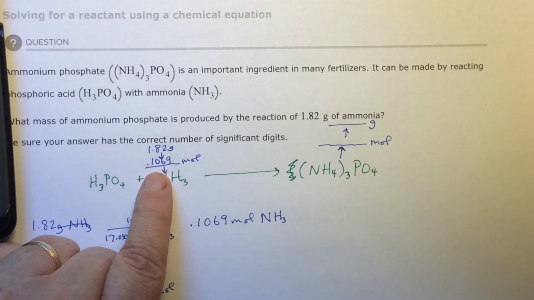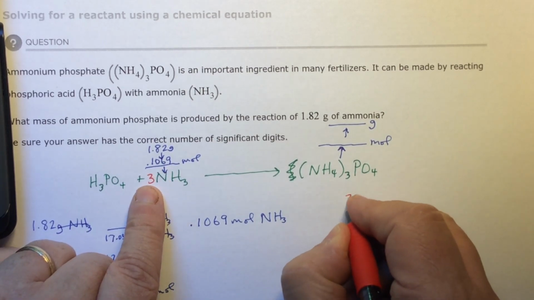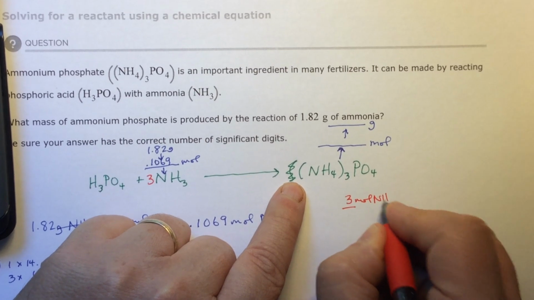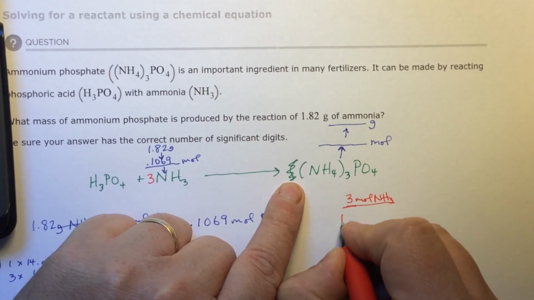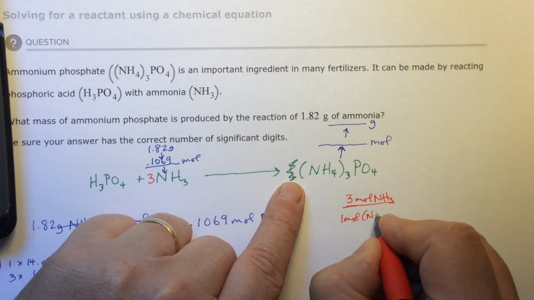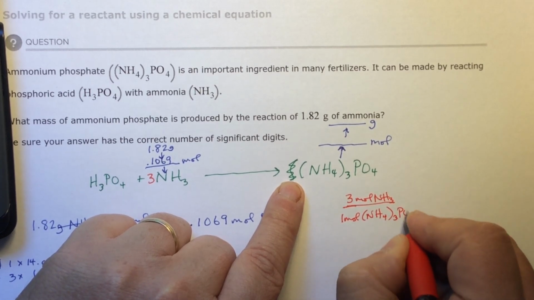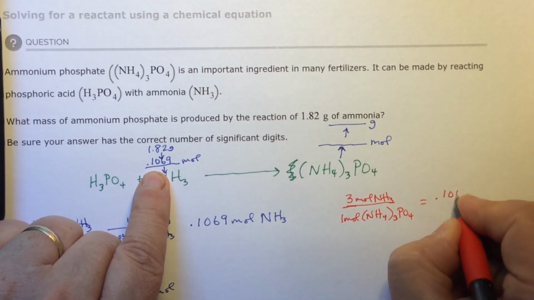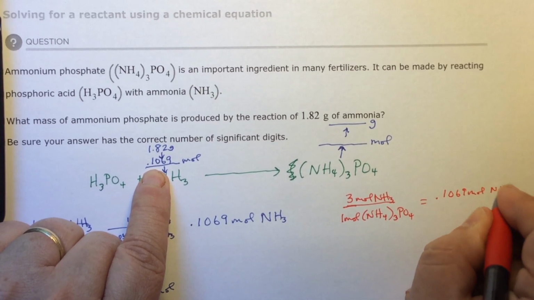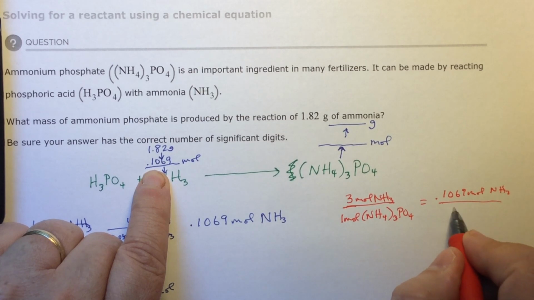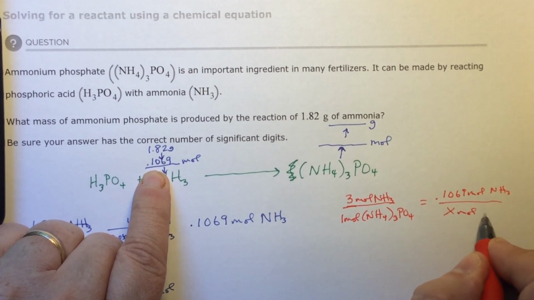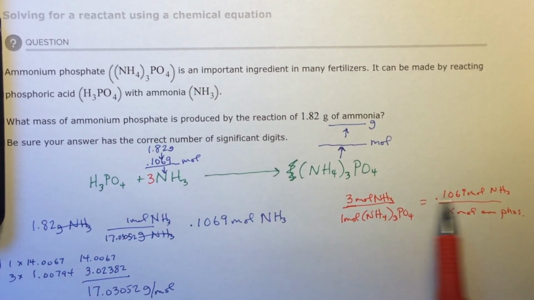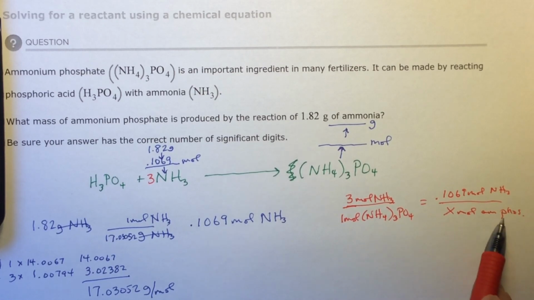So I'm going to come over here and I'm going to say 3 moles of ammonia is to 1 mole of ammonium phosphate as 0.1069 moles of ammonia is to X moles of ammonium phosphate.